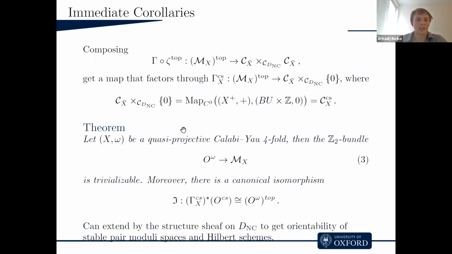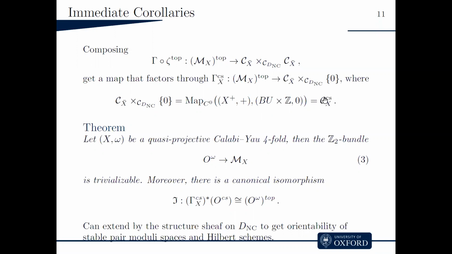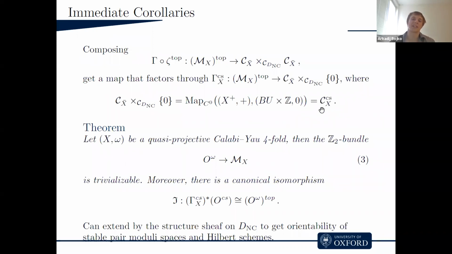And the statement which follows immediately from the above result is that for a non-compact Calabi-Yau fourfold, the orientation bundle is trivializable. And moreover, we can say even more, and that is that the pullback of some orientation bundle on this topological space classifying compactly supported K theory, its pullback under the map gamma compactly supported to MX is naturally isomorphic to my orientation bundle.